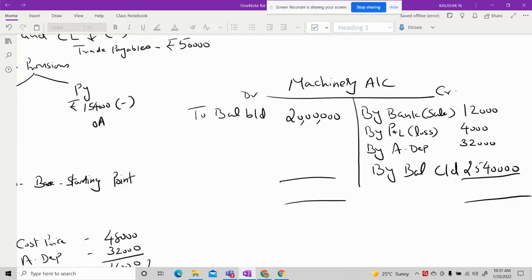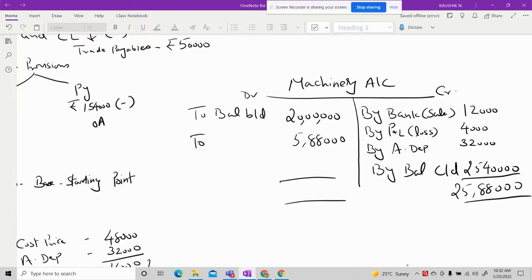Now you have to total the credit side first. When you add 25 lakhs plus 32,000 plus 4,000 plus 12,000, you will get a total value of rupees 25 lakhs and 88,000. But you have only 20 lakhs on the debit side, so the remaining will be the balancing figure, which is 5 lakhs and 88,000.